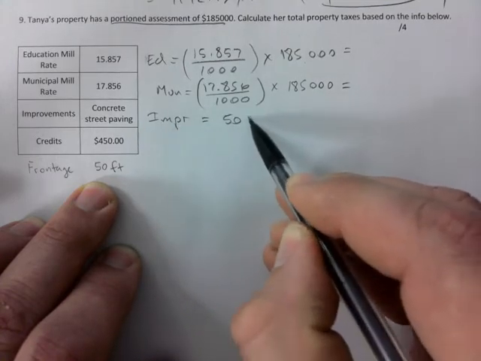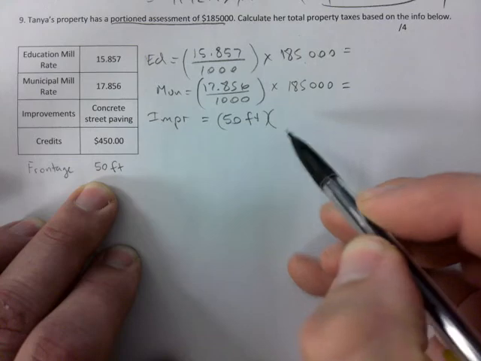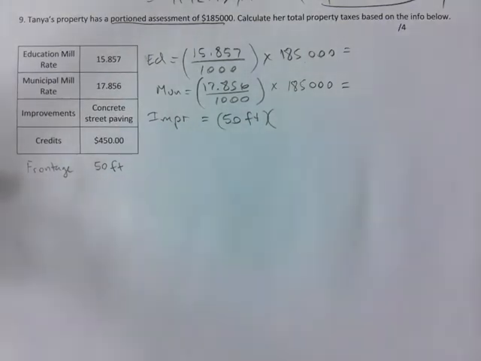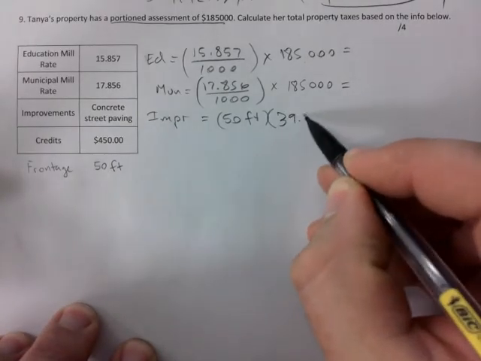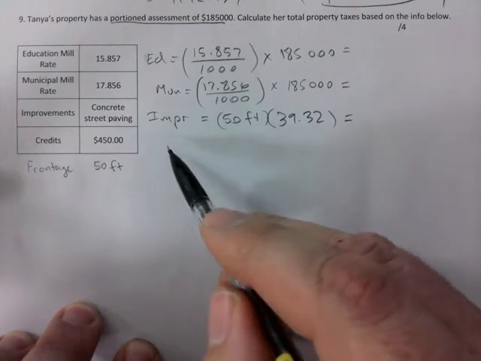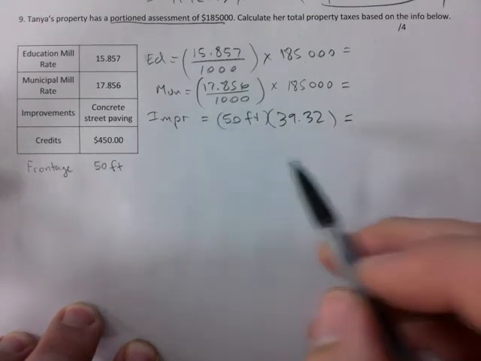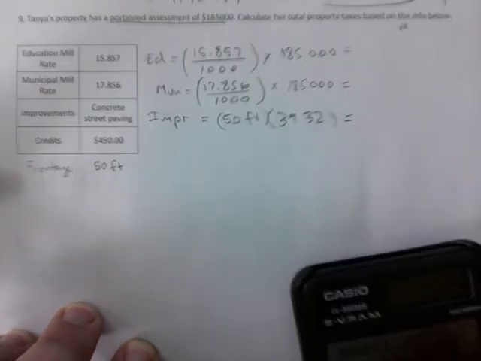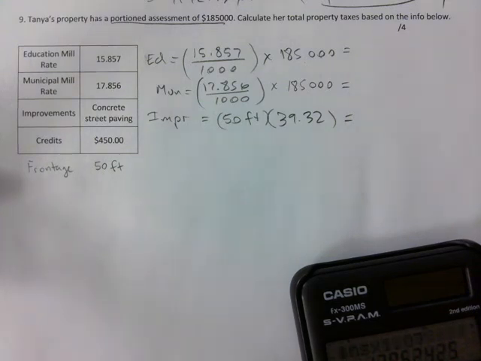Then improvements. Improvements, I told you that the frontage is 50 feet and it's concrete paving. So you got to go get your chart. Concrete street paving, that's 3932. Okay? And then credits, we're going to take care of that in a bit. So let's figure out what that is. You probably already have, right? So that's great.